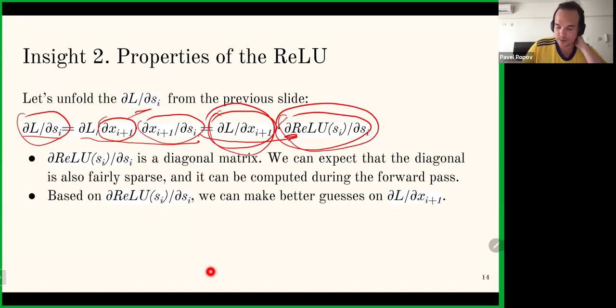But when we multiply it by this, we are effectively reducing the number of guesses we make because this matrix is sparse. And that's another improvement. We managed to make the dimensions of our problem small.